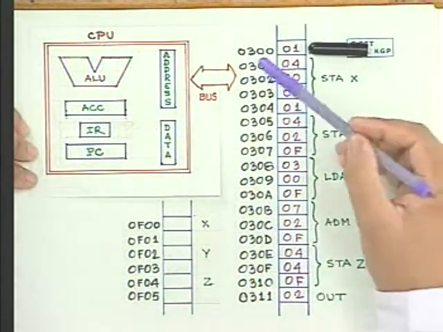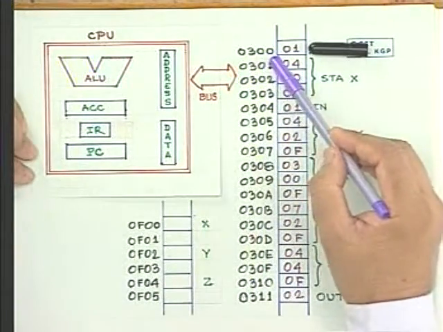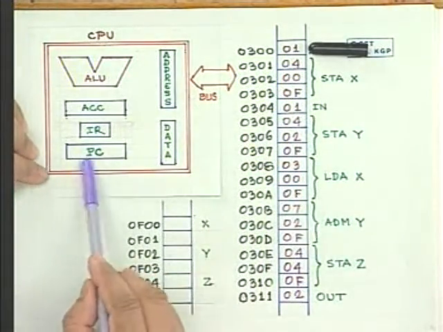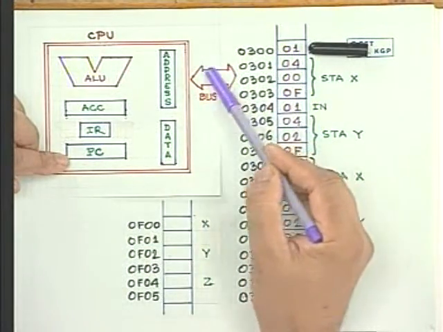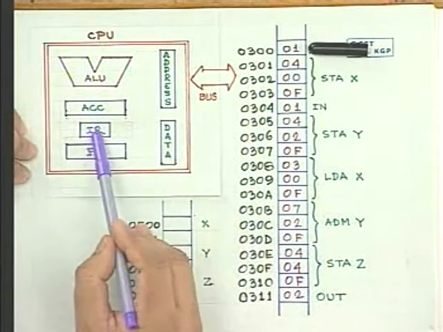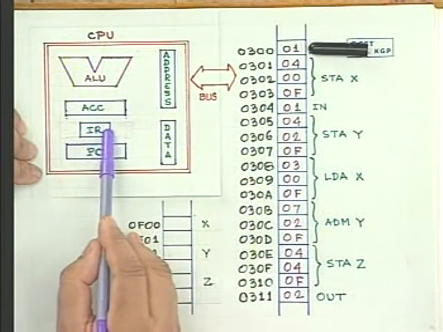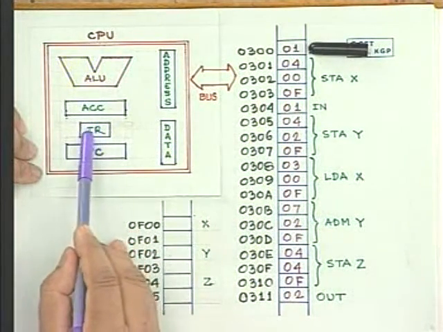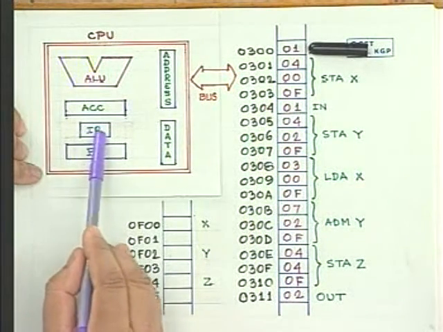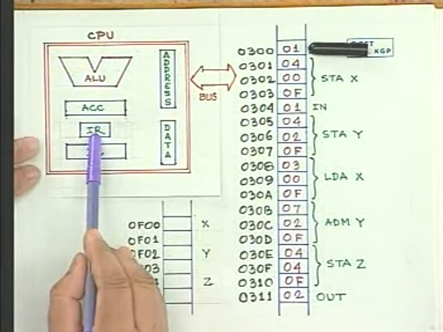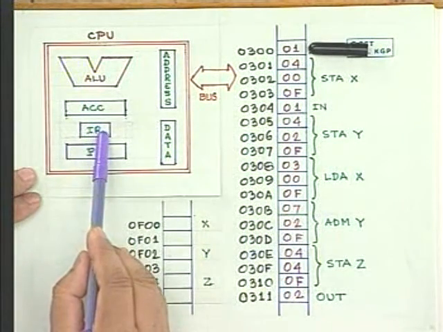Now the content of 0300, which is the content of the program counter, will be fetched. The 01 will come and will be loaded into the instruction register. That instruction register therefore contains the instruction that is being executed currently. Therefore 01 is here.